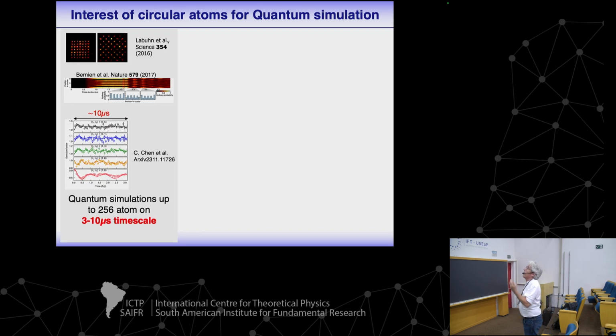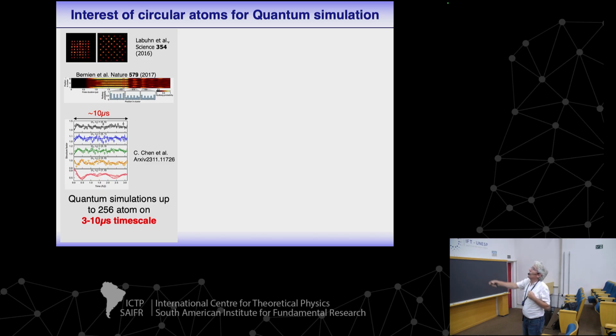So why is it interesting to switch to circular atoms, which, as I already discussed, are more complicated to excite as compared to the low angular momentum Rydberg atoms? Let's look at two of the experiments which were already performed with low angular momentum Rydberg levels.